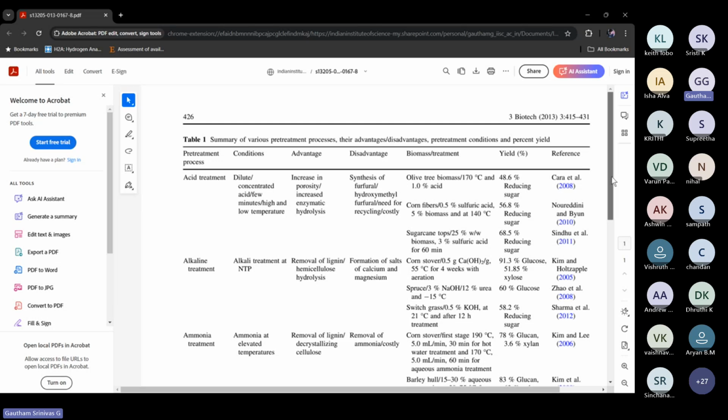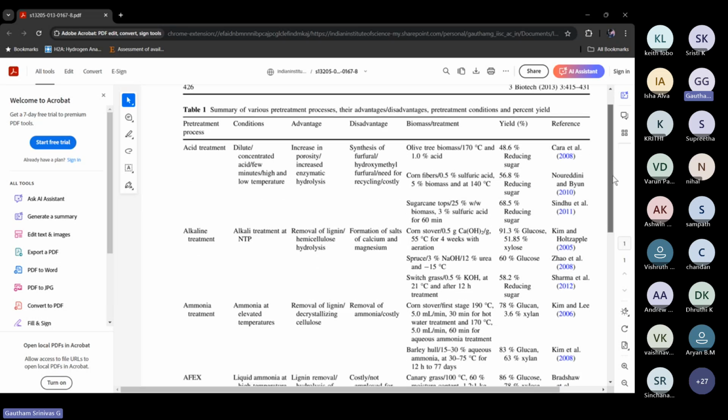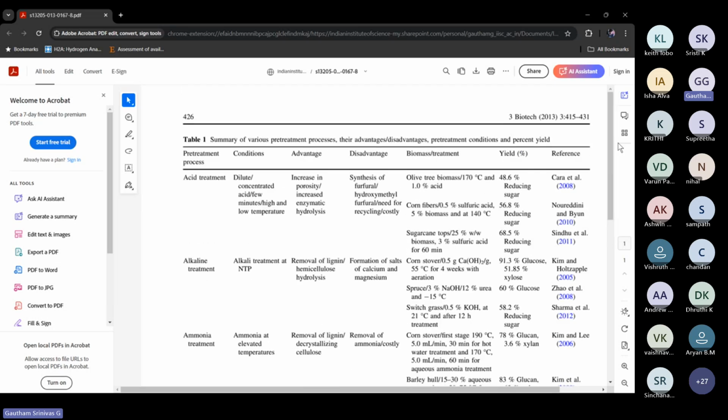And like I said, the inhibitors. So you can see the yield here. It's very low compared to the other types of pre-treatments. That is because it destroys a part of perfectly good cellulose and hemicellulose that can be used for the fermenting process, right?